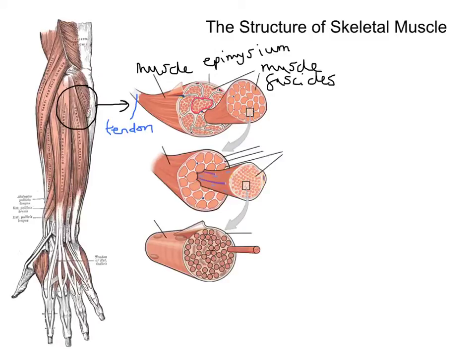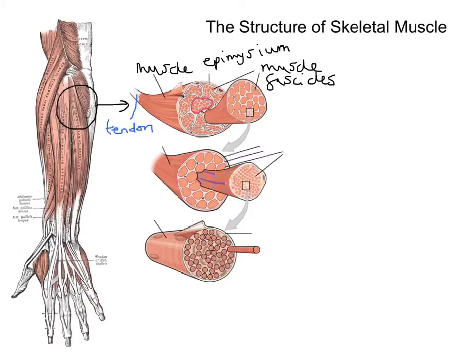So groups of these muscle fascicles are surrounded by this red outer layer, if you like. Now that outer layer is called the perimysium, and we'll come back to that in the second diagram just below the one I'm labelling at the moment.